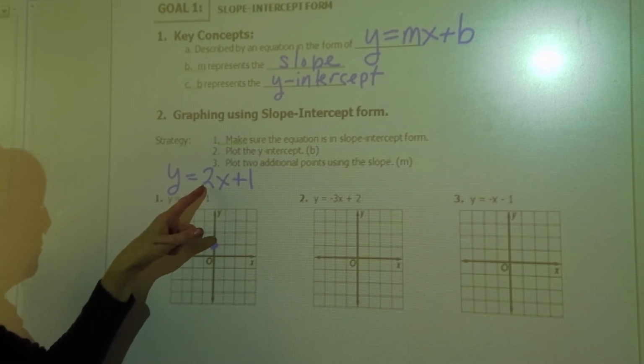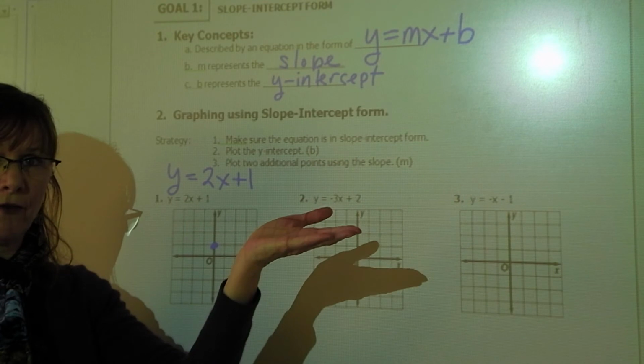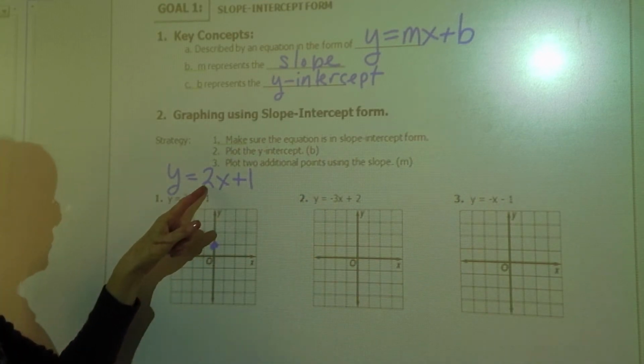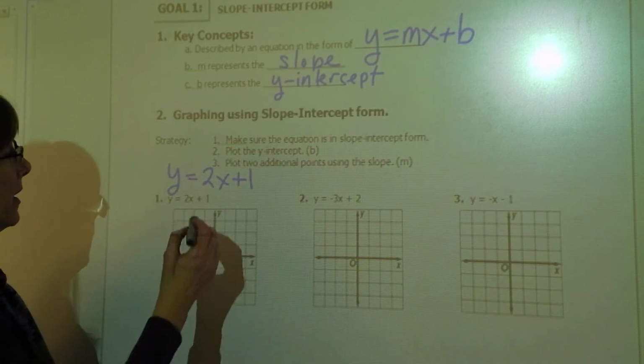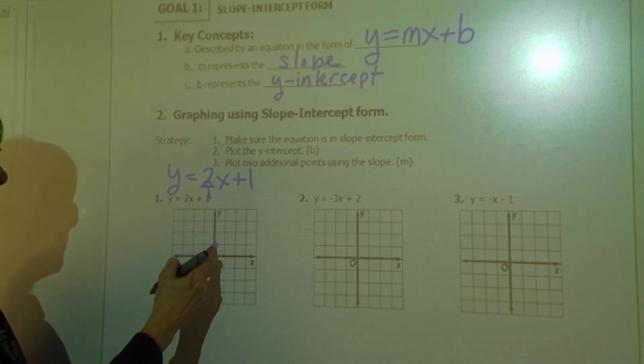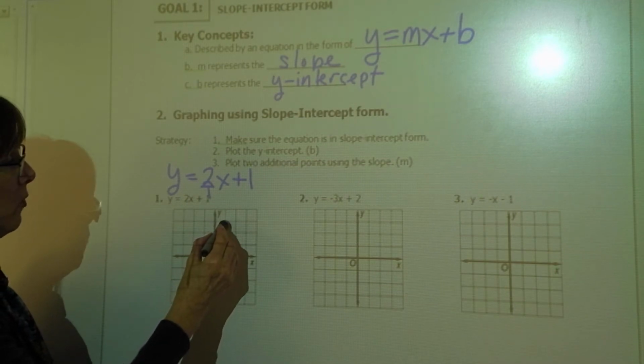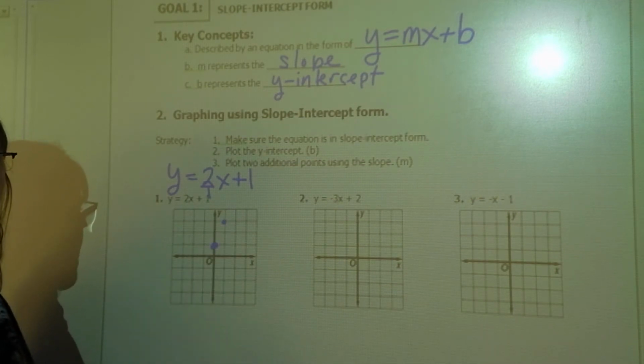And now we're going to move according to our slope. Recall that slope is rise over run. So this 2, or any whole number, is understood to be over 1. So from our y-intercept, we're going to move up 2 and over 1. And that would be our slope.